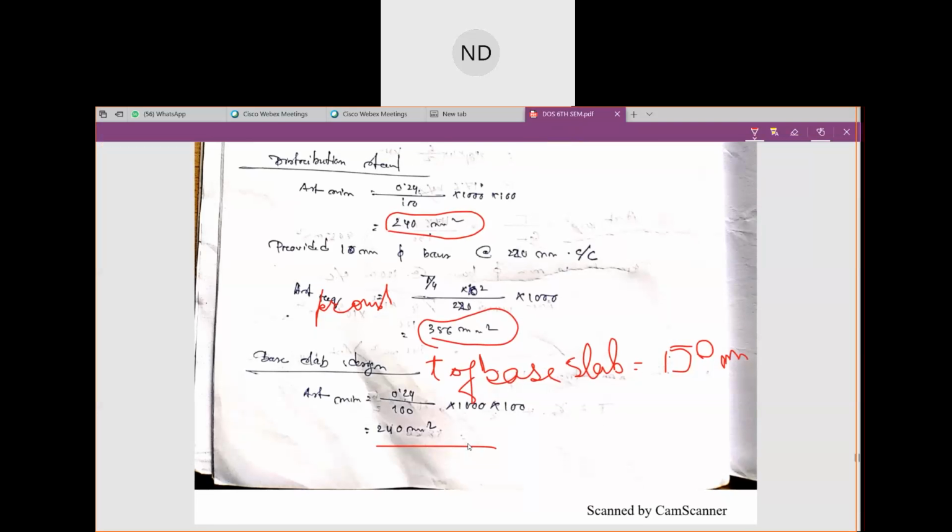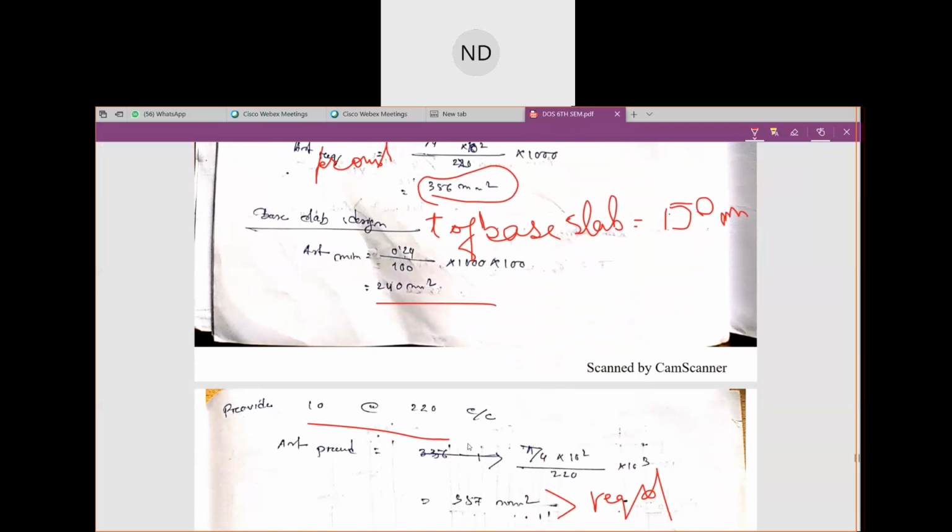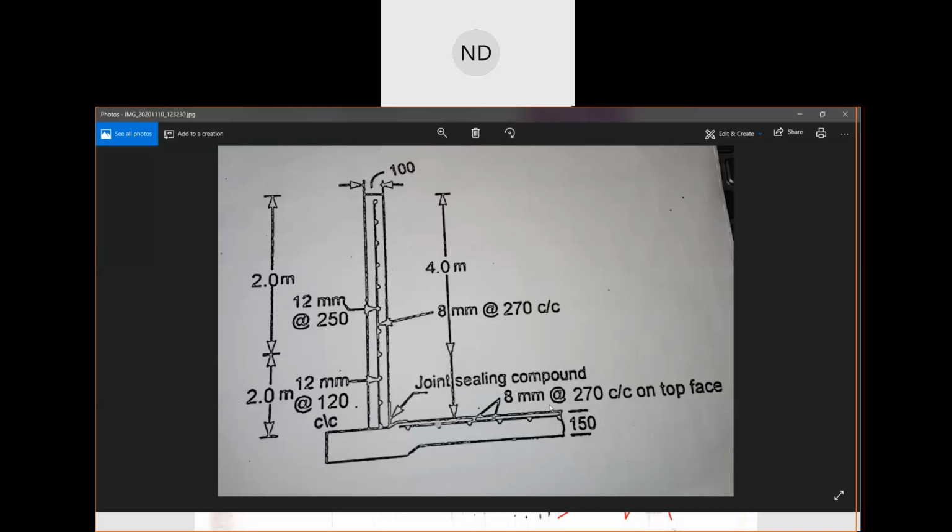But here the student has taken the base slab also as 10 mm, 220 center to center. In the other question we were doing, we had taken the base slab reinforcement as 8 mm at the rate of 270 center to center on top piece. So this was the figure for the circular section which we have done.